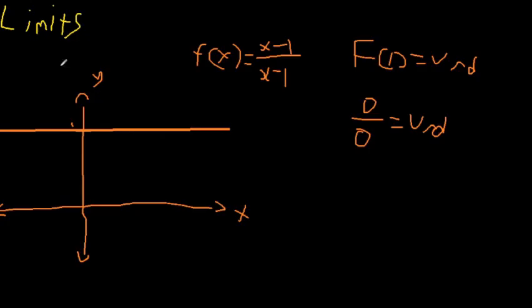When we reach x equals 1, this is going to be open because it's undefined. But here's the thing: if we look at where the function is going from both directions, it's going towards y equals 1. So even though the function is undefined at that point, it's still approaching the value 1 from both sides.